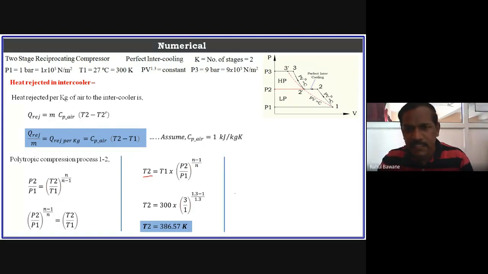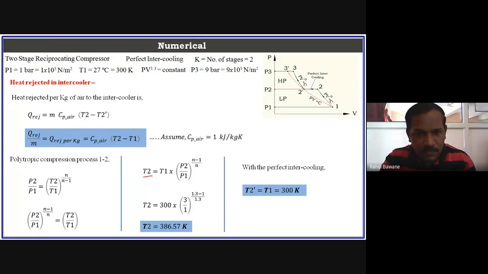So heat rejected, sorry, here there is a mistake, it should be T2 dash. Okay, no doubt T1 is also correct, because T2 dash is nothing but T1, because of perfect intercooling. So T2 dash will reduce to T1, that is the initial temperature 300. So T2 minus T2 dash, or T2 minus T1.